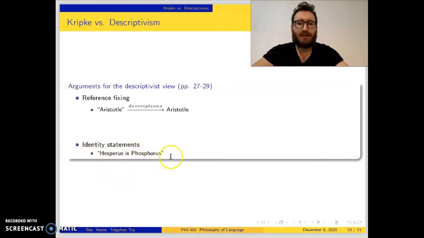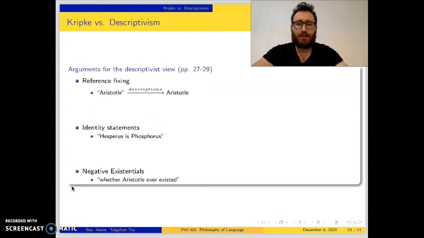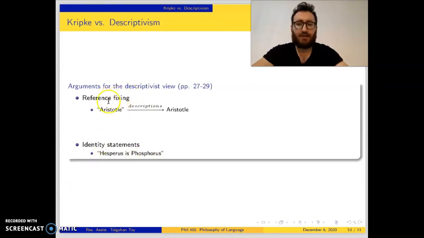That explains how identity statements are informative. Because when you say Hesperus is Phosphorus, what you are saying is that the object that fits such and such description is the object that fits such and such other description. We will see how Russell solves these problems as well in the following weeks, but you already know Frege's solution.